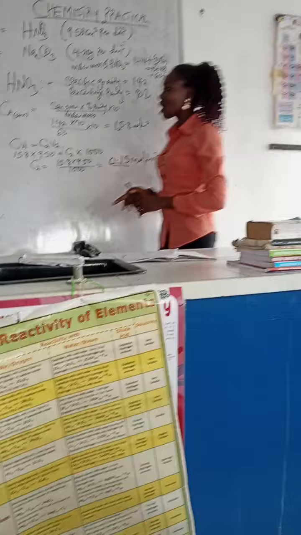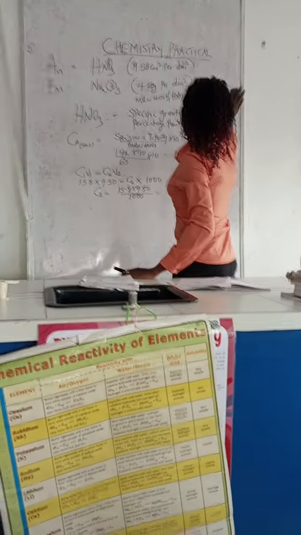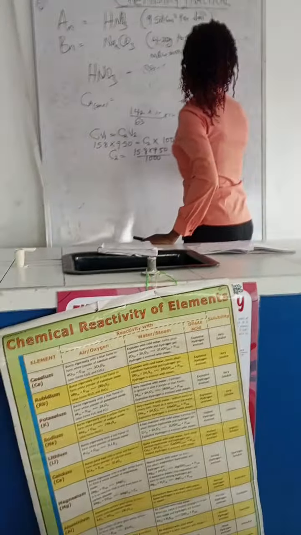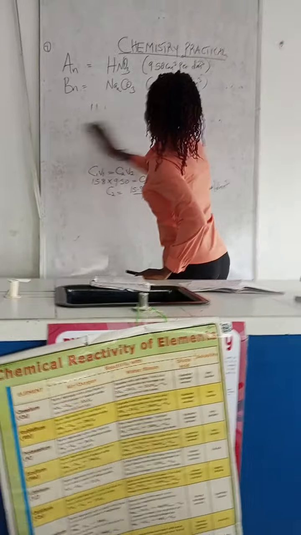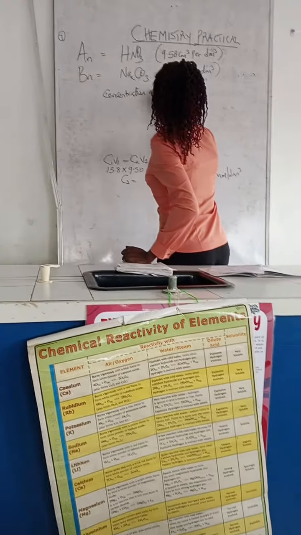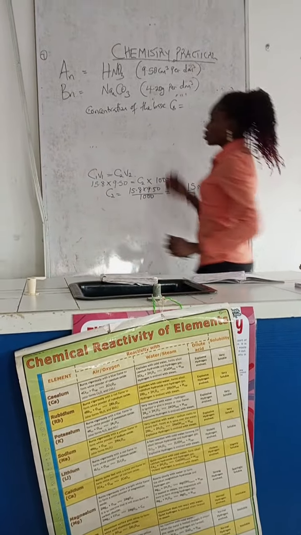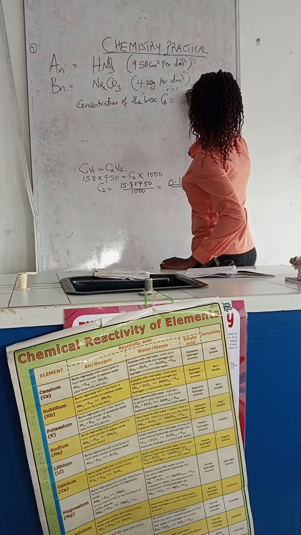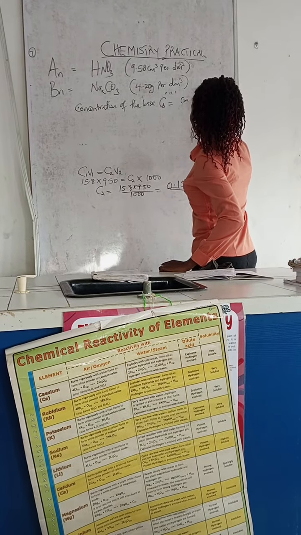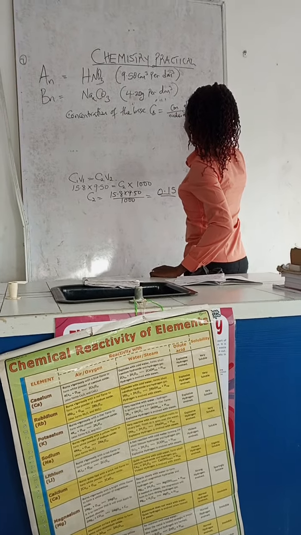Now, let's look at the concentration of the base. So this is our Ca. Now the concentration of the base that we are going to work with, which is our Cb, is going to be the concentration in gram per dm³ over the molar mass of the base.